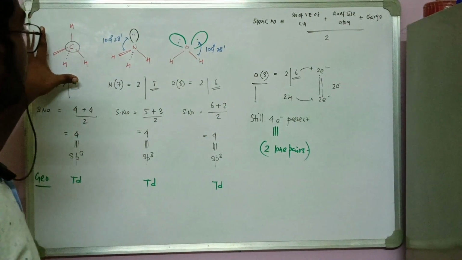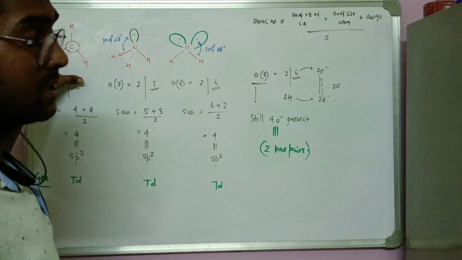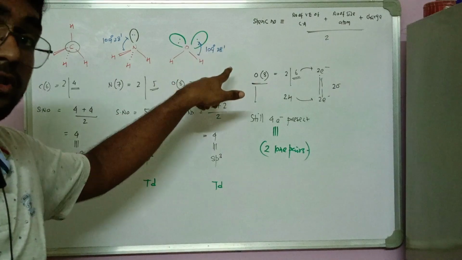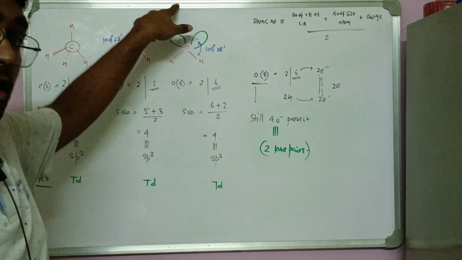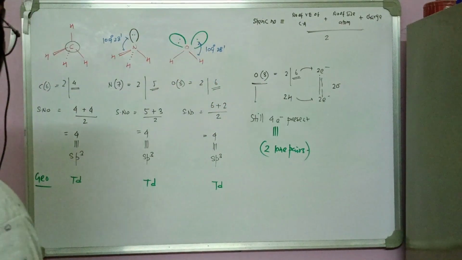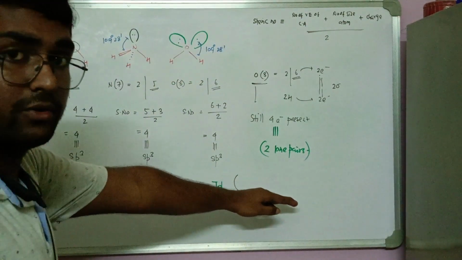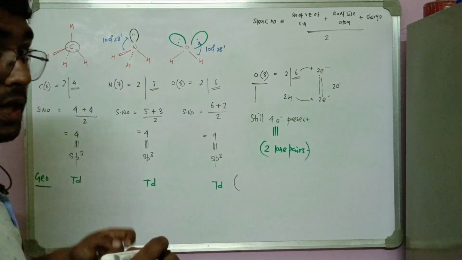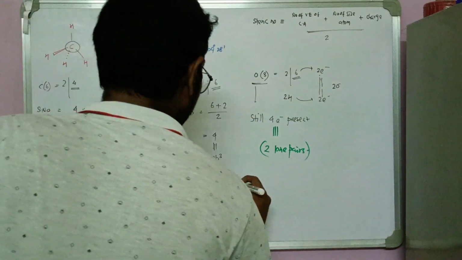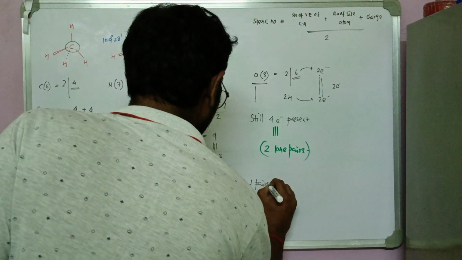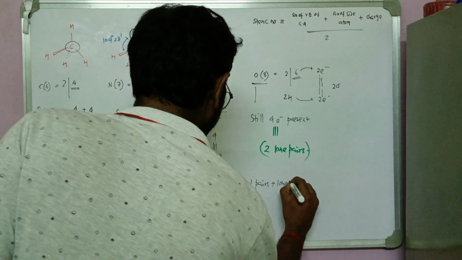But from this discussion, we can make sure that this is also tetrahedral and this is also tetrahedral if we consider bond pairs and lone pairs simultaneously. So in geometry, all of them are tetrahedral because of the sp3 hybridization, counting both the bond pairs and lone pairs.